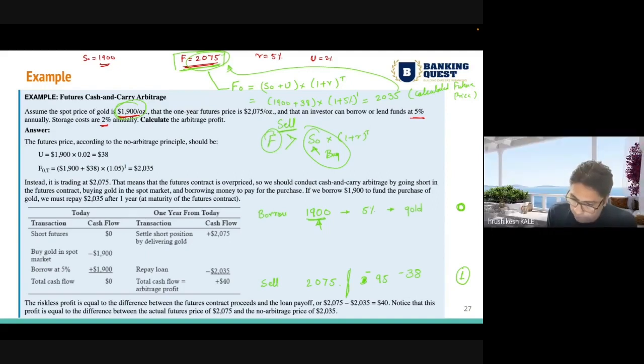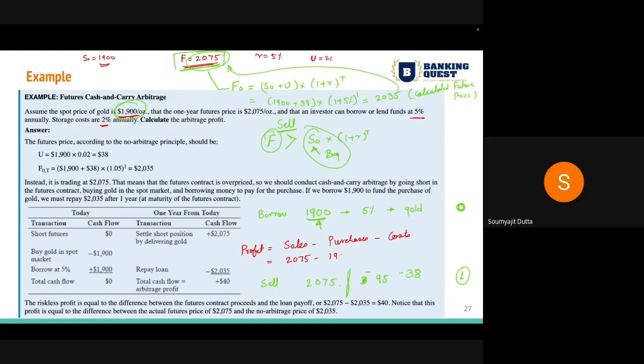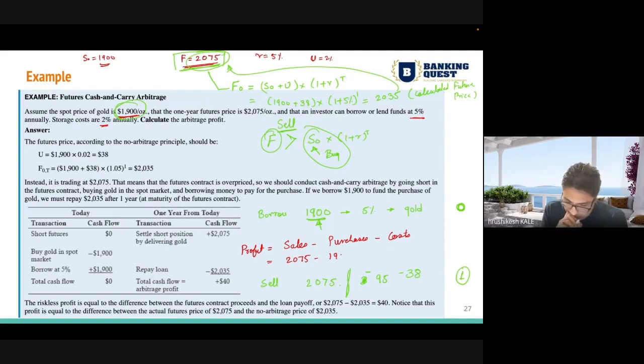So how do you calculate profit? I will tell you how to calculate profit. Profit equals sales minus purchases minus costs. So I am selling at 2075, minus 2033. Why 2033?